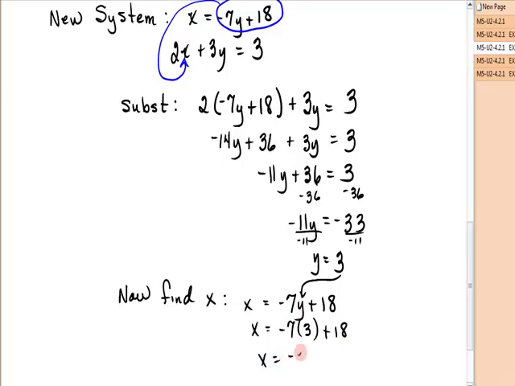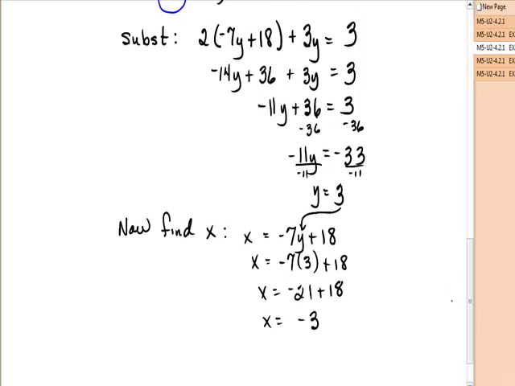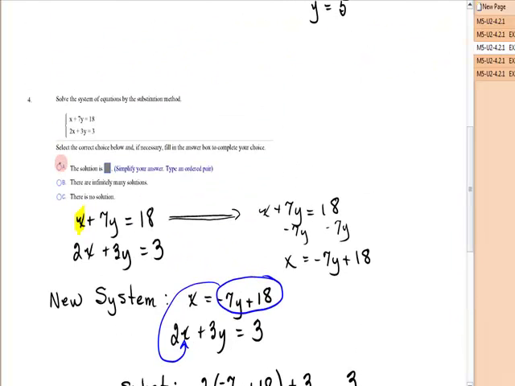X is equal to negative 21 plus 18. X is equal to negative 3. So my answers are negative 3, positive 3. Going all the way back up here, I have the ordered pair, negative 3 for x, positive 3 for y.